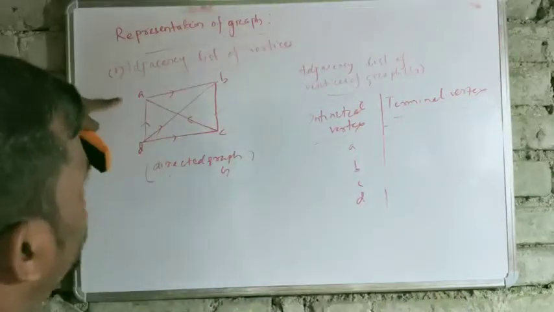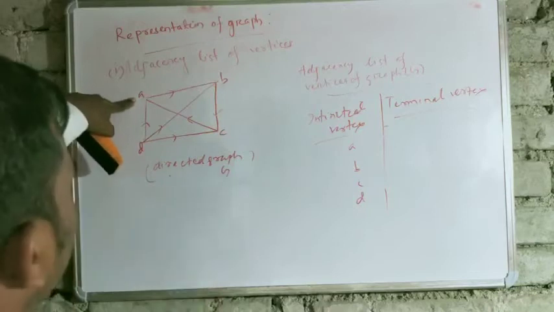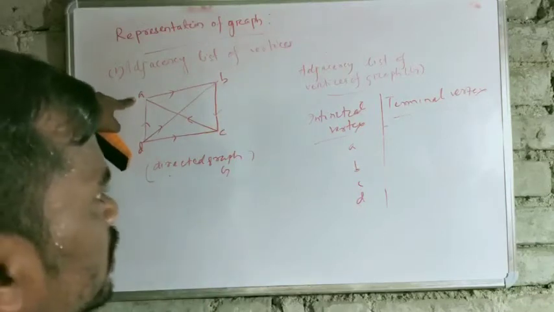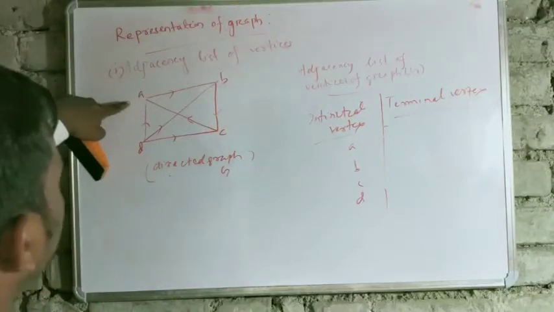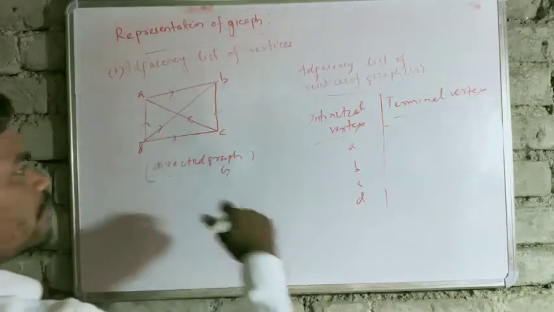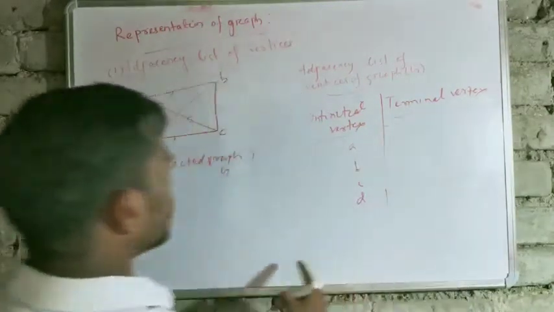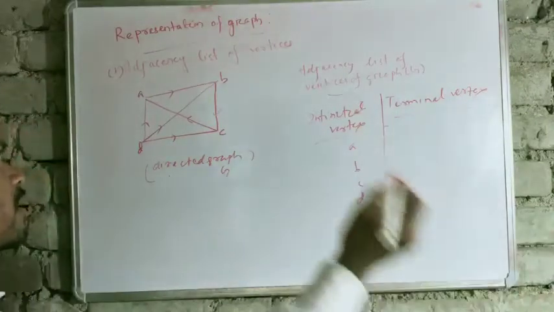So if the vertex is A, what is the terminal vertex for A? The terminal vertex for A is only B. Similarly, if B is an initial vertex, what will be its terminal vertex?